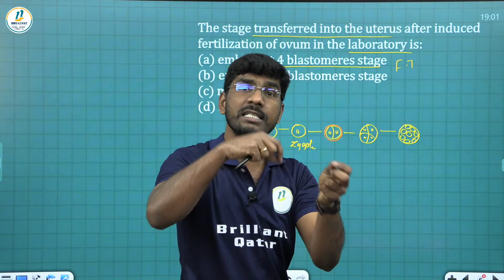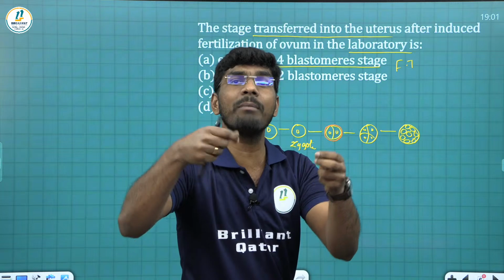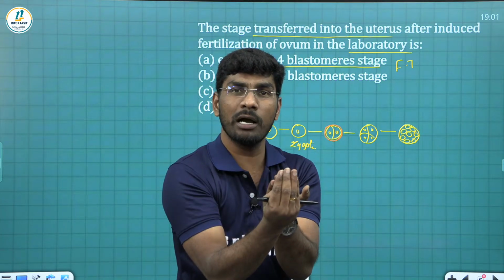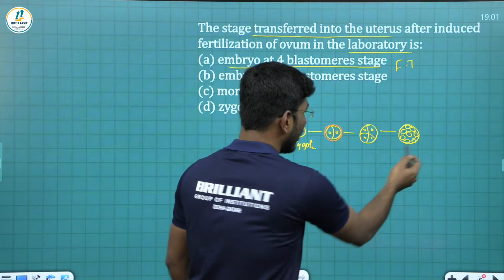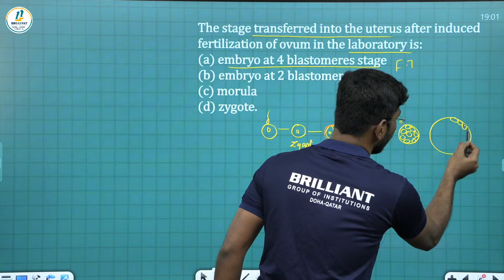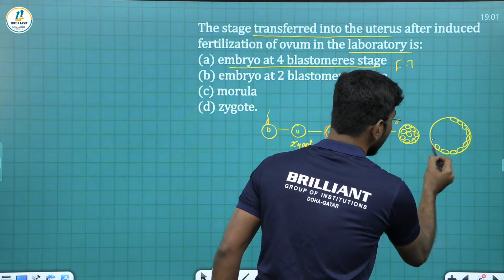Do you remember that day what we discussed? After the 16 cell stage, the embryo undergoes a process called compaction. What is the meaning of compaction? Smaller cells will make the trophoblast cells and the bigger cells will be the inner cell mass. After this they undergo cavity formation and the trophoectodermal cells form. This is a trophoectodermal cell. Now any one of you answer me.